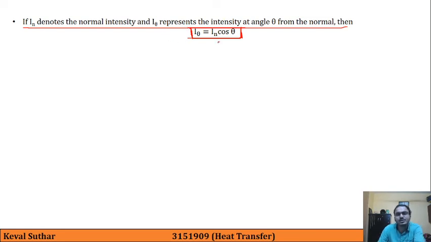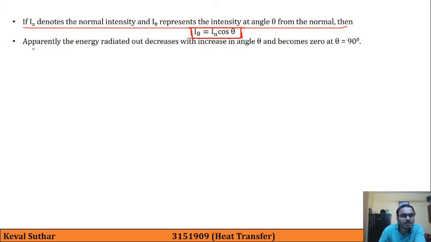That is Lambert's cosine law. Apparently, the energy radiated out decreases with increase in angle theta, because cos is a decreasing function. As theta increases, I theta will keep on decreasing, and once theta is 90 degrees, I theta will be 0.